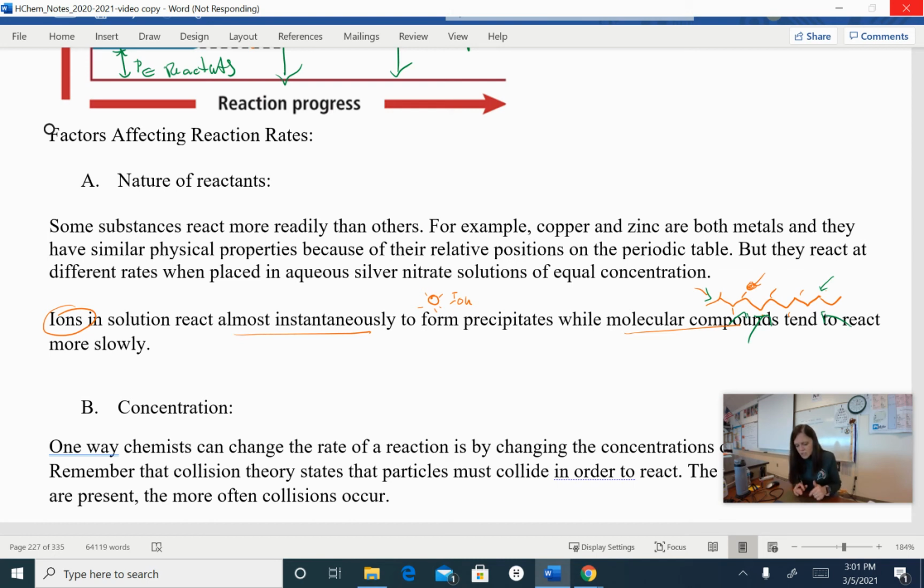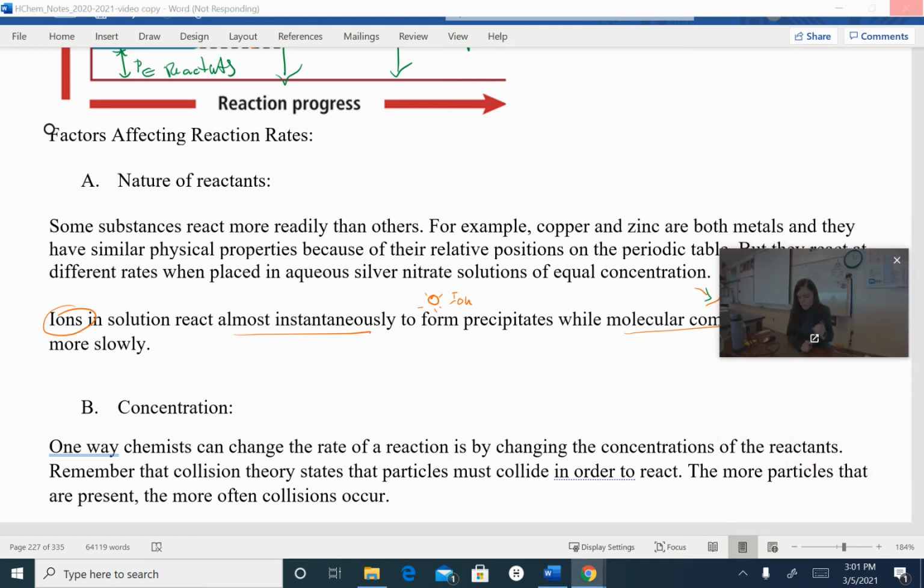Okay? Concentration. One way chemists can change the rate of a reaction is by changing the concentration. Remember, the collision theory states that particles have to collide in order to react. So the more particles that are present, the more probability I have of collisions, right?